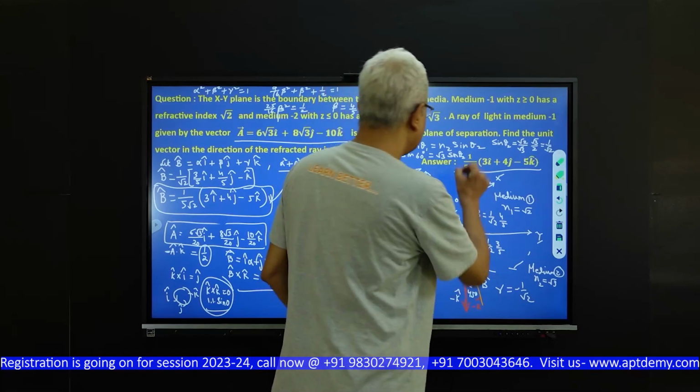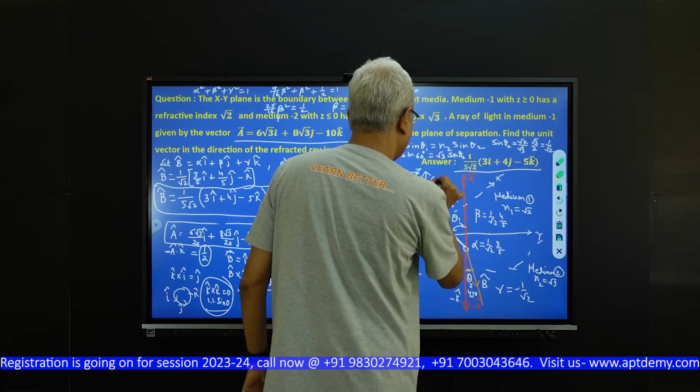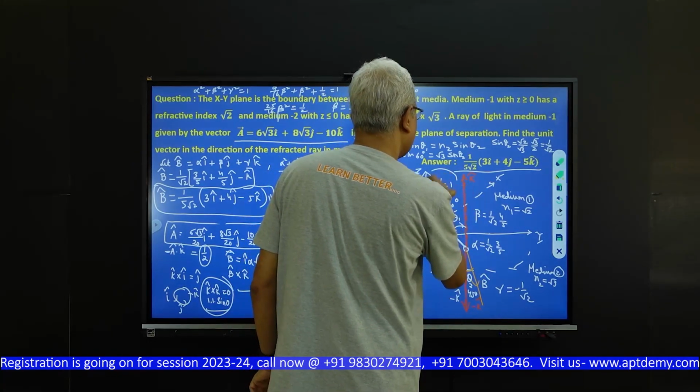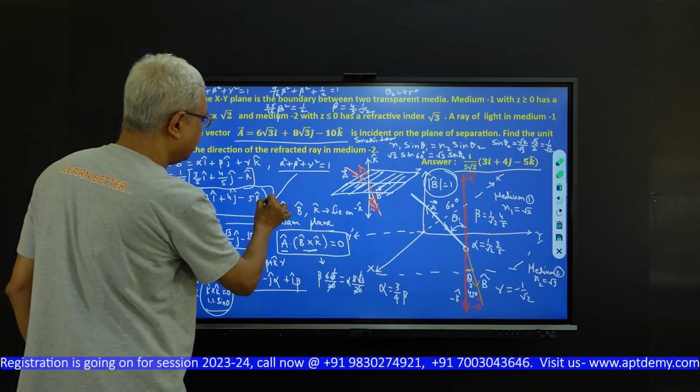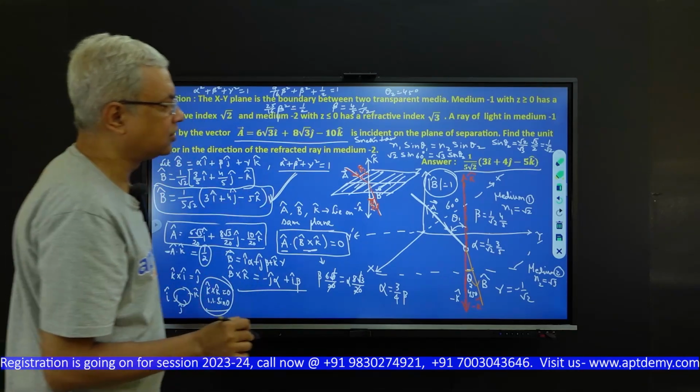So the magnitude is actually unity. So it is truly a unit vector.